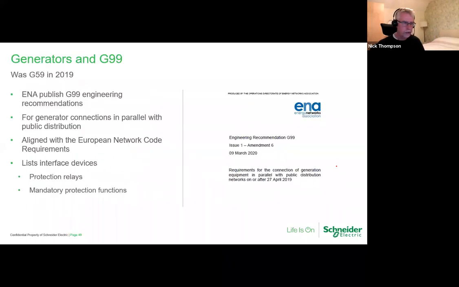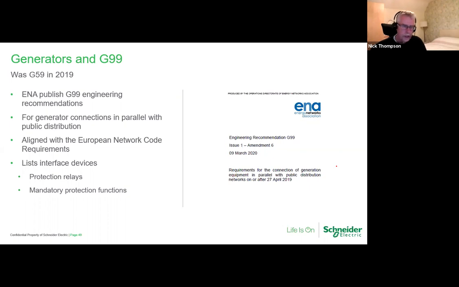Right, so final slide before we open up for questions. Generators and this thing called G99. This is a UK thing. There is the European network code for generators, so there's a European guideline as well. And the UK has always had their own guidelines, agreed with the Energy Networks Association.